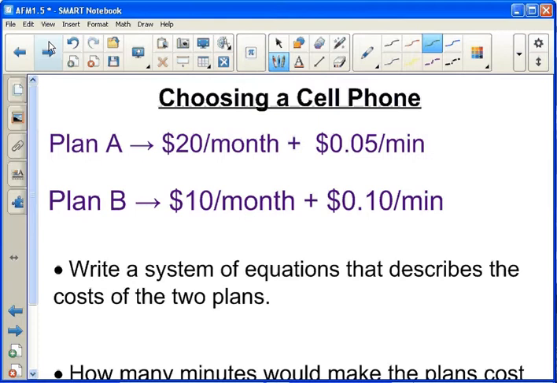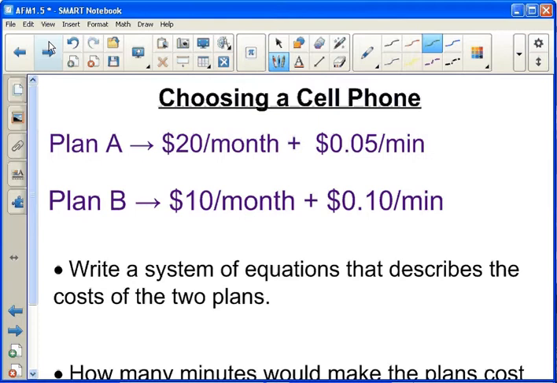Because even though it's $20 to start with, since it's only 5 cents a minute, after I talk a long time, that should pay off since it's only 5 cents a minute. Whereas Plan B will be better if I'm not going to talk a lot on the phone, because it starts at $10 a month. So the fact that I start off $10 lower means that that 10 cents a minute won't hurt me too bad as long as I'm not talking very many minutes on the phone.